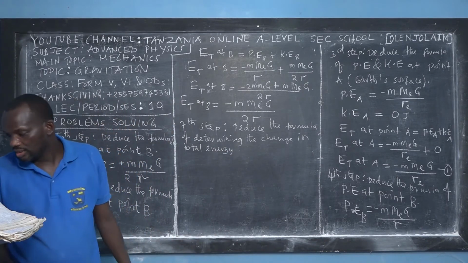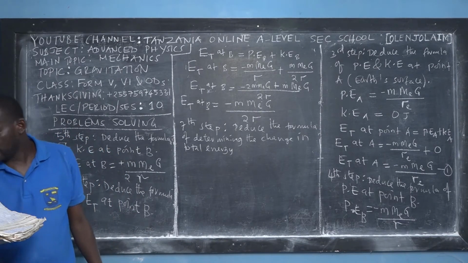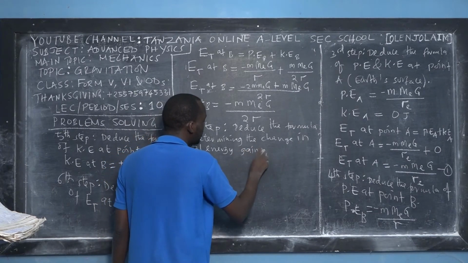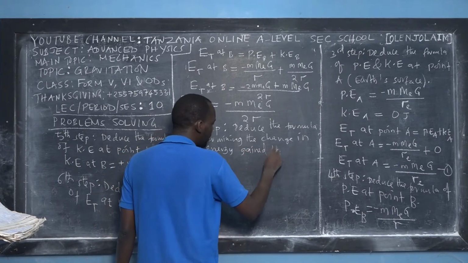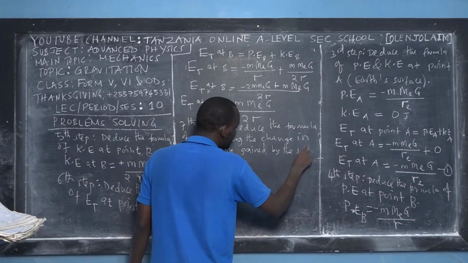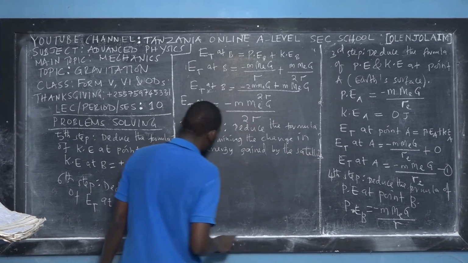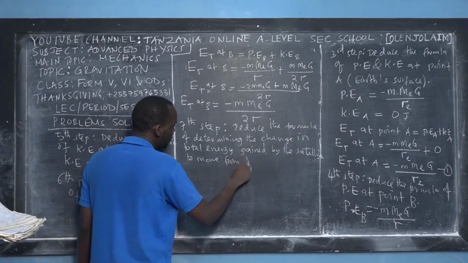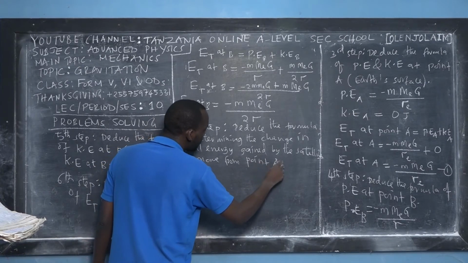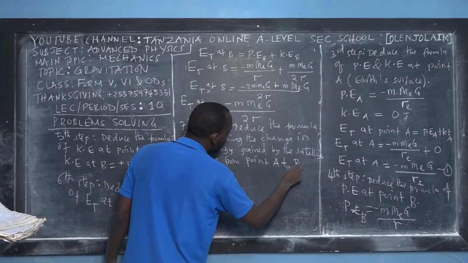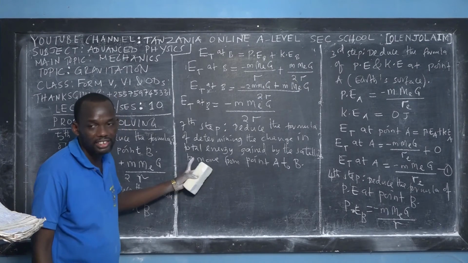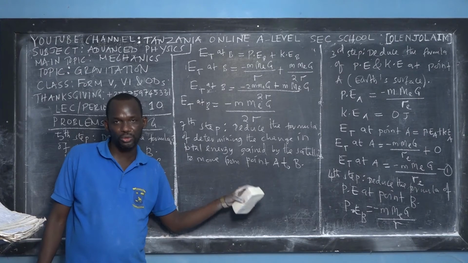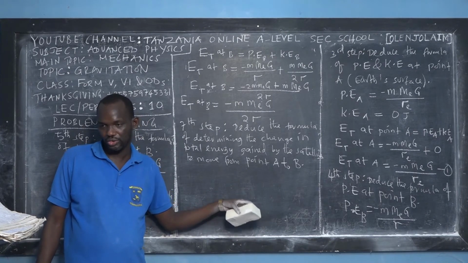Total energy gained by the satellite to move from point A to point B. The goodness of solving problems by following steps: in each step I write what I am doing next. So it will be very simple for you to use my notes in your review because you don't need my presence.